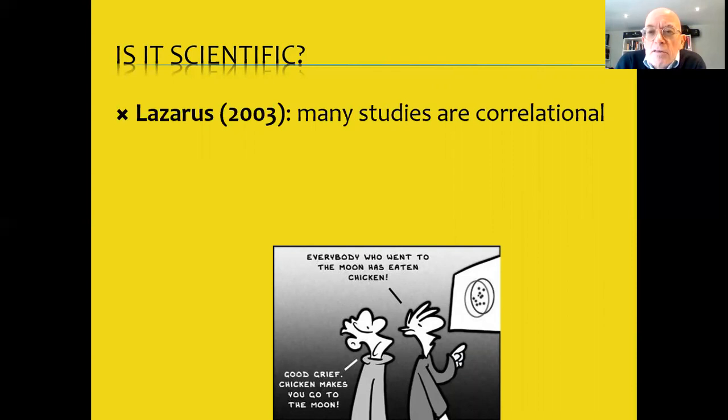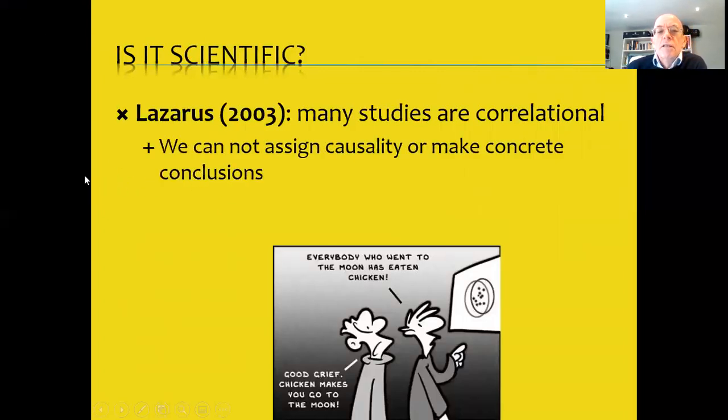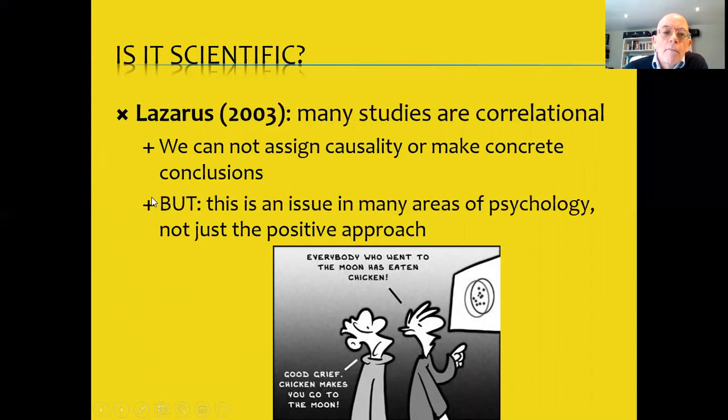But as we remember from our studies of correlation, correlation does not mean causality. Do you remember we droned on and on about that? So just because one thing increases and something else increases, that doesn't mean that one thing is necessarily causing the other. So that's been criticised. So it makes it difficult for us to make conclusions about whether some things really make us happy or not, or whether there's something in between. However, that doesn't just happen in positive psychology. That happens in many areas of psychology. So it's a bit unfair to particularly single that one out. Okay.